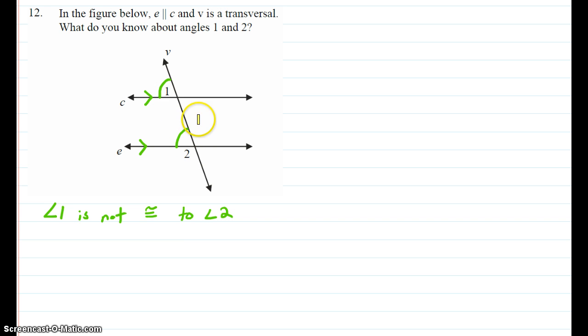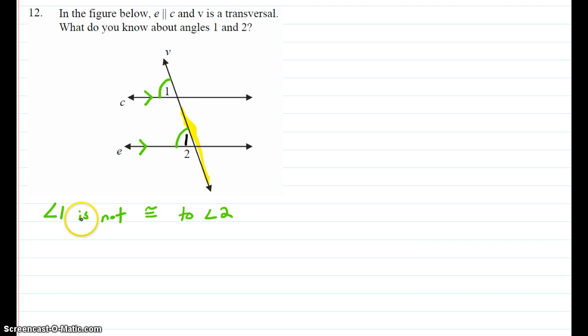And now these two make a line, and so that means that these two angles have to add up to 180. So since 1 and this are congruent, you can go ahead and imagine that I just slid that down there.